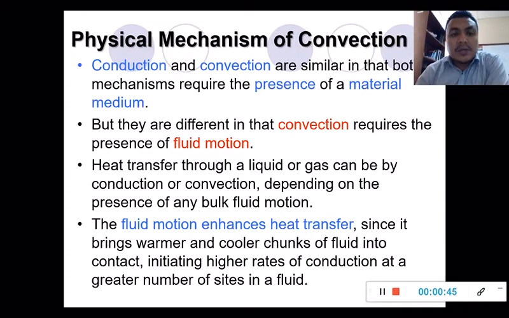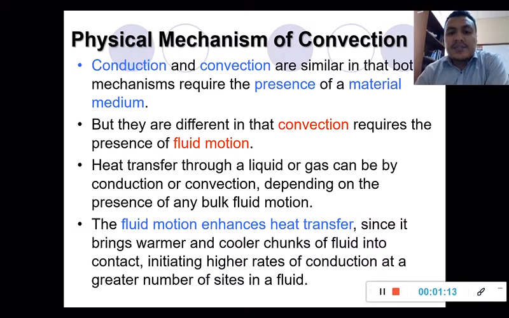Okay, physical mechanism of convection. I think we have discussed thoroughly about conduction in the previous chapter. As you can see, conduction and convection are similar in that both mechanisms require the presence of a material medium so that the heat transfer can occur.